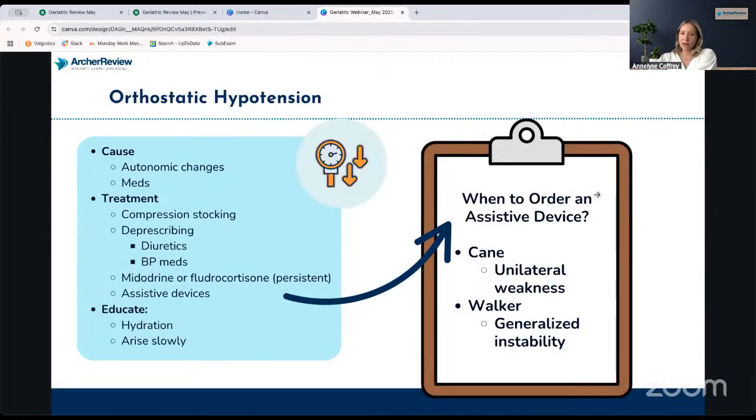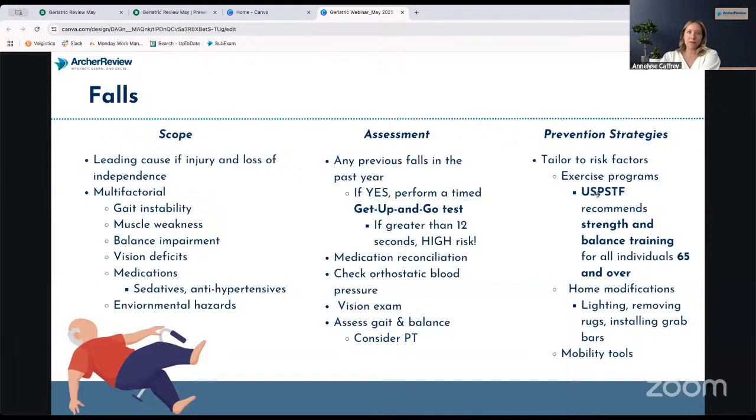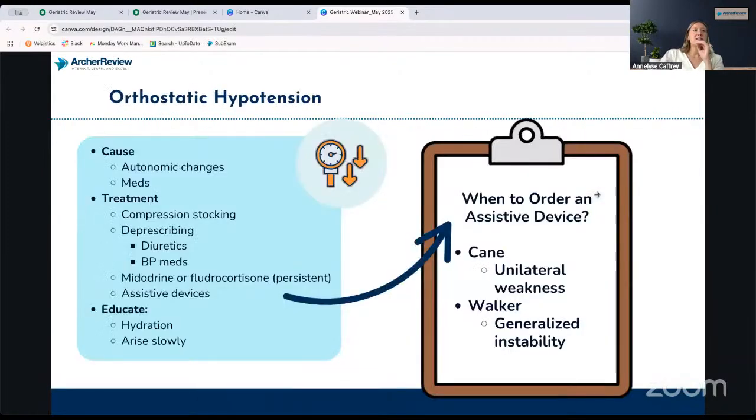Orthostatic hypotension, we talked about this being, of course, one of the big things to check. It's one of the big causes of falls in older adults. What orthostatic hypotension is specifically is that autonomic change where standing up becomes like an extreme sport for older adults. They lose that reflex blood pressure control and then boom, dizziness, they fall, maybe even they faint.